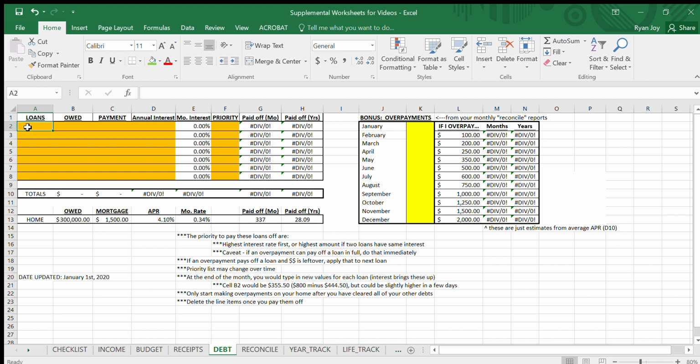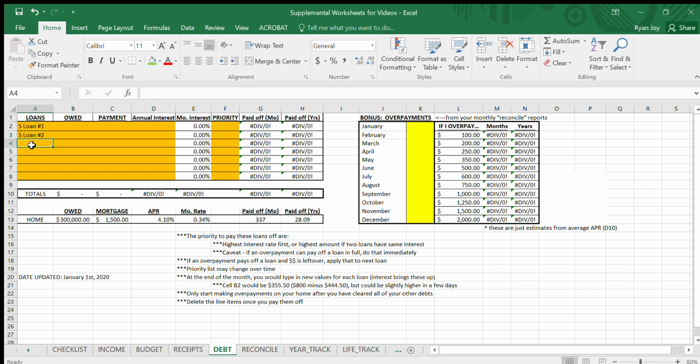So let's just say that both Sarah and John have student loans, maybe two each. So student loan number one, student loan number two. I'm going to write student loan instead of student loans. And that would cover both of John's loans.